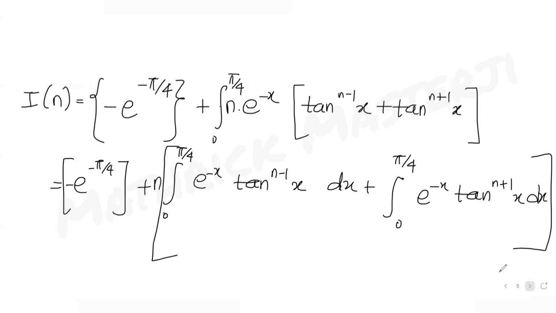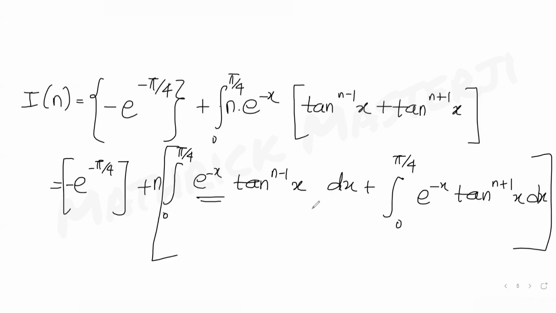I of n, you get that as minus e raised to minus pi by 4 plus, if I solve for this, I get n times the integral of e raised to minus x and tan raised to n minus 1 x dx with limits of 0 to pi by 4.